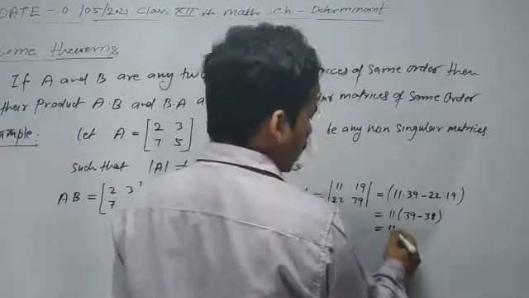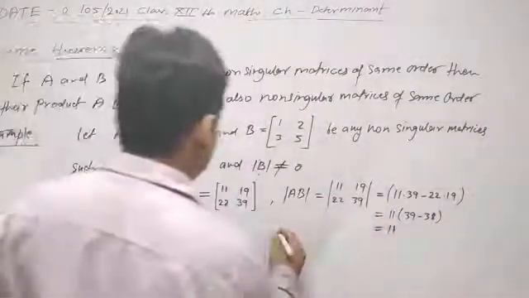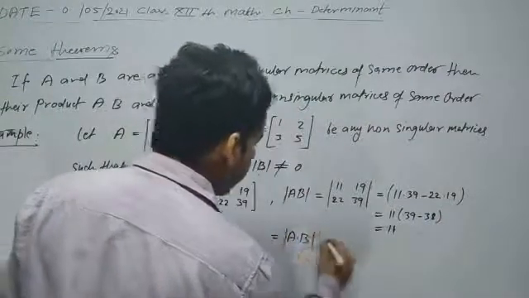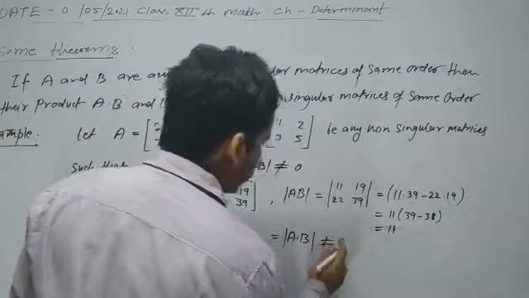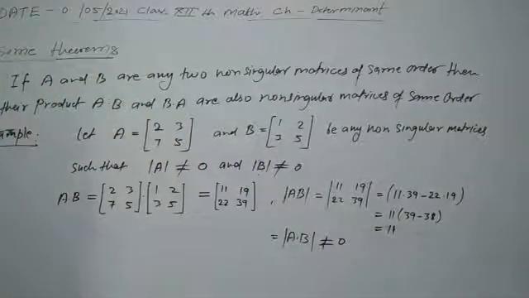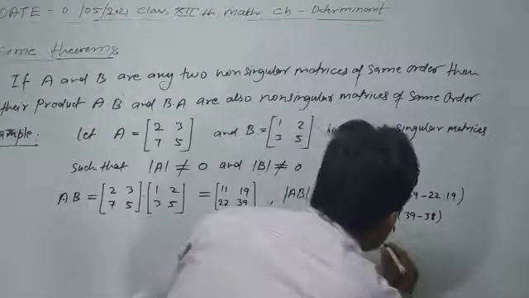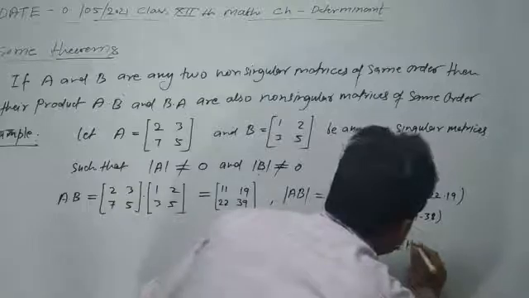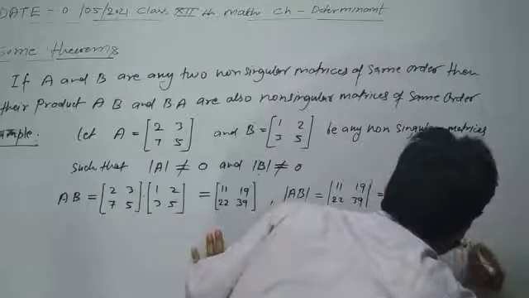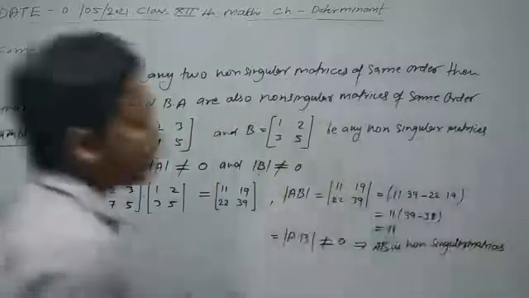So this is 11. So determinant of AB is not equal to 0. This implies that the determinant of A into B is not equal to 0. So this is non-singular matrices.